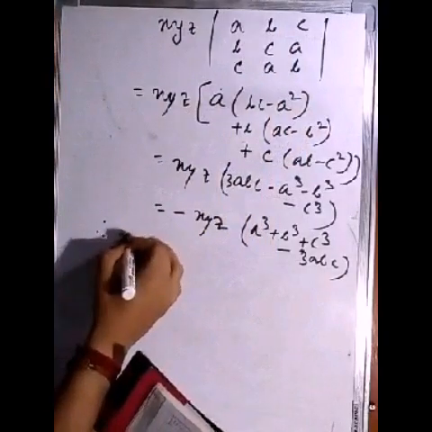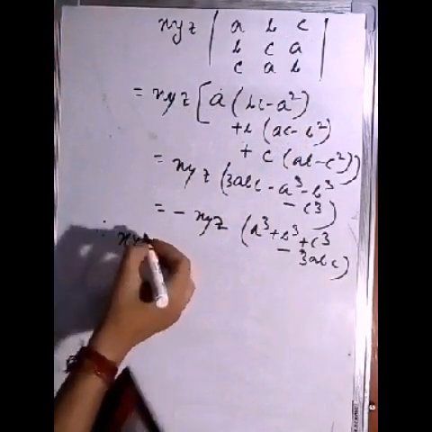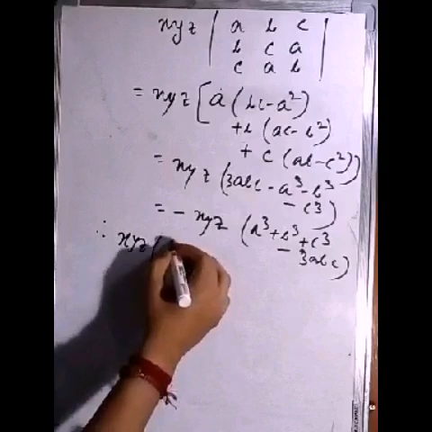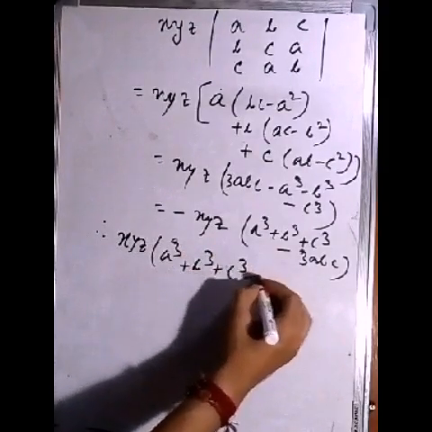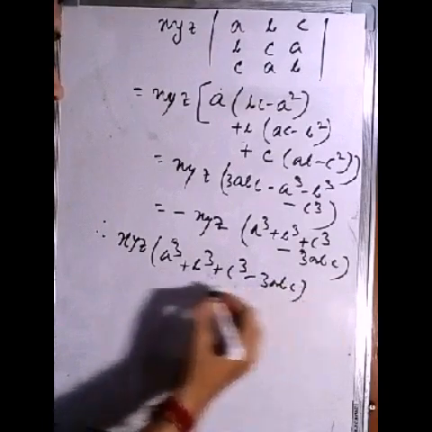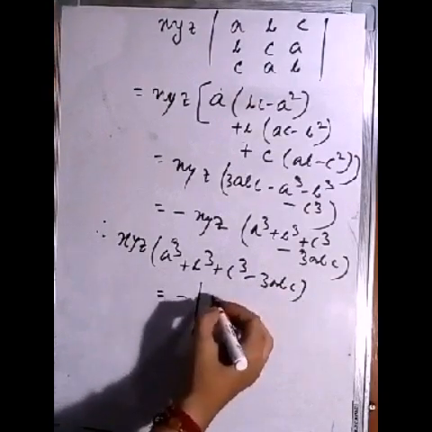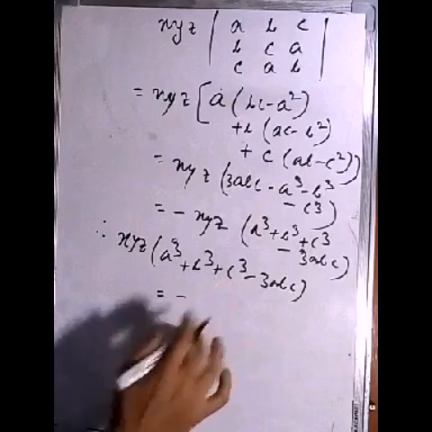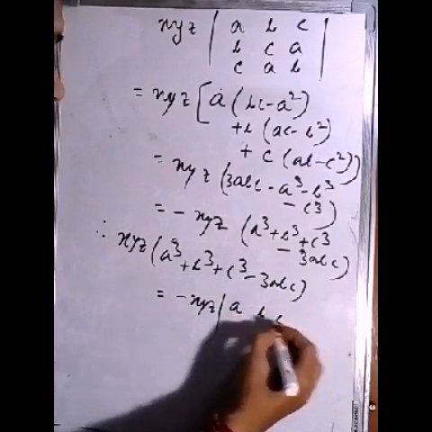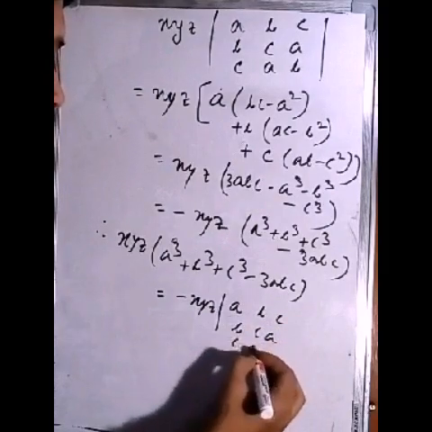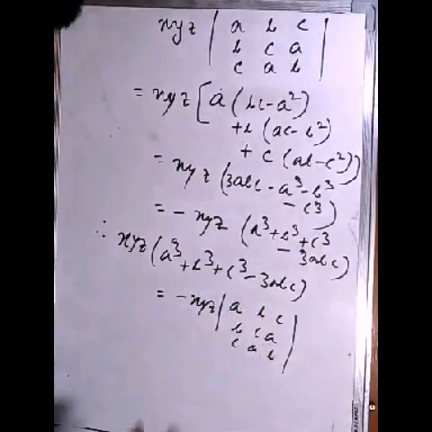So we can write therefore XYZ into first bracket A cube plus B cube plus C cube minus 3ABC is equal to minus of determinant minus XYZ of determinant ABC, BCA, CAB, which I have taken.